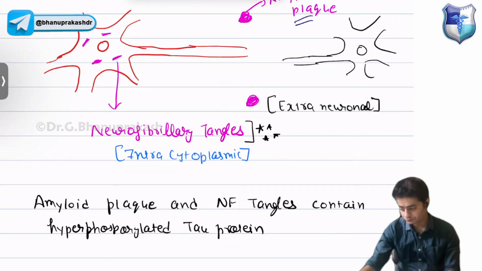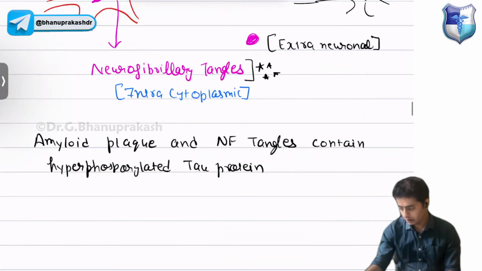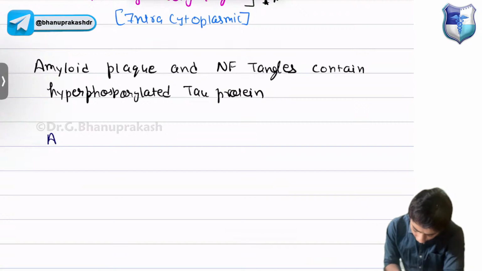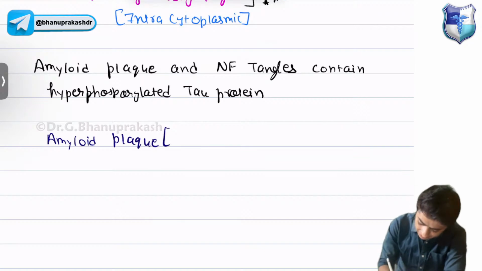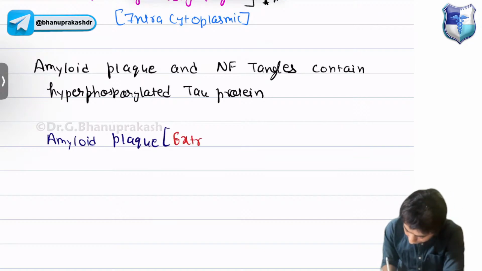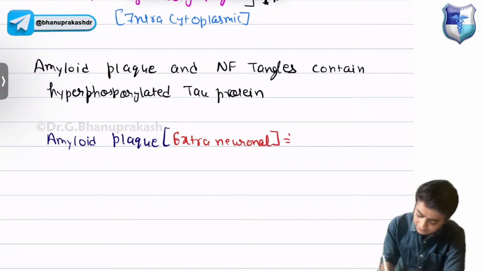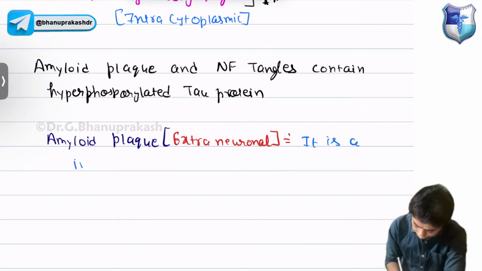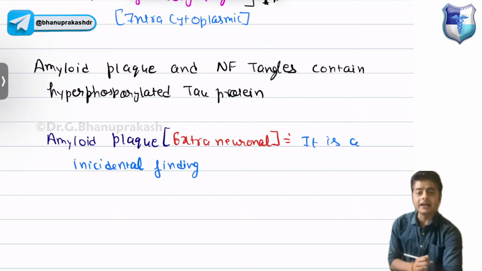Now see, this amyloid plaque, which is extraneuronal, is an incidental finding.